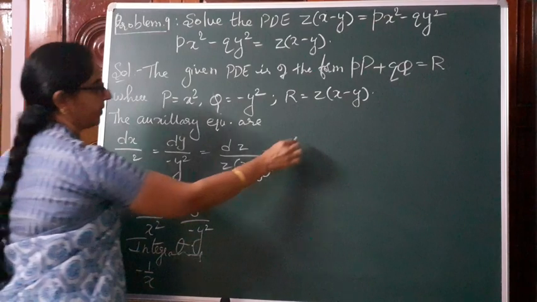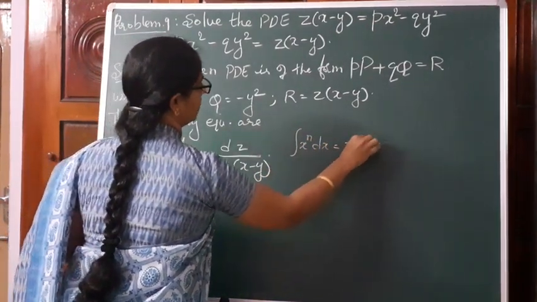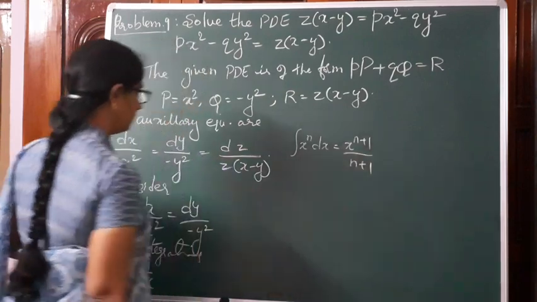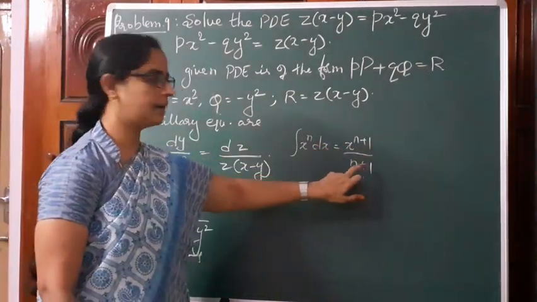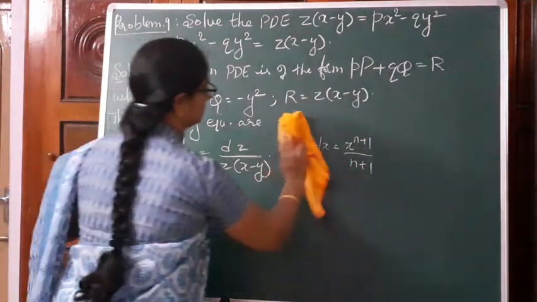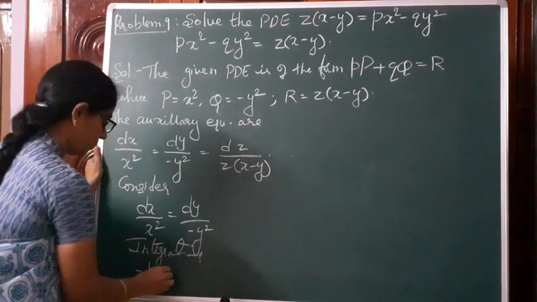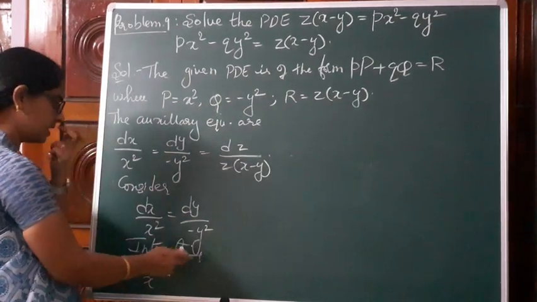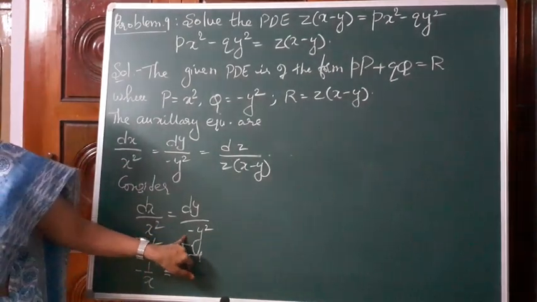Integral of x power n dx is equal to x power n plus 1 by n plus 1. Integral of x power minus 2 is x power minus 2 plus 1 by minus 2 plus 1, which gives minus 1 by x, is equal to integral of 1 by y square is minus 1 by y, but because we have already a minus here, minus and minus becomes plus.